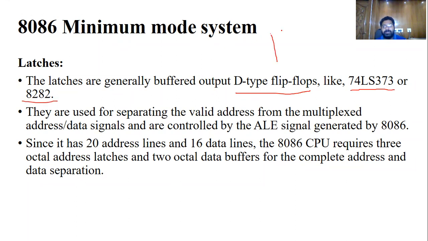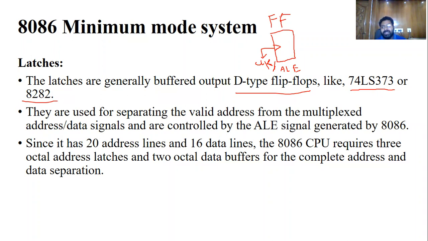You know the D flip flop, with a clock here. Remember ALE here, you can enable that one. Whenever you want to enable any flip flop, we give some clocks. So instead of clock, you can represent ALE.